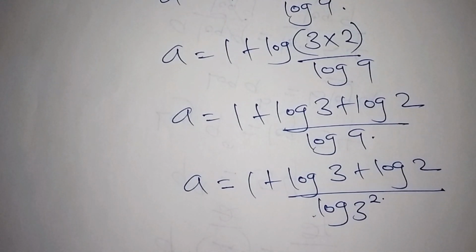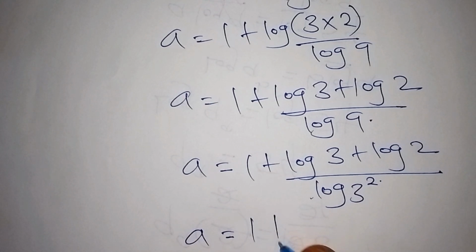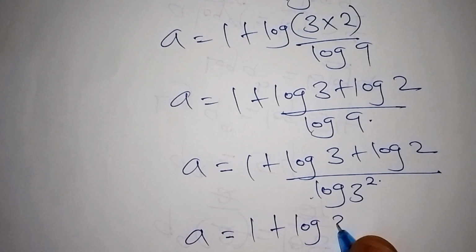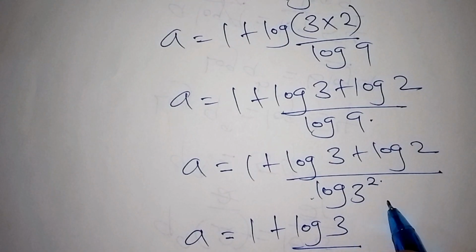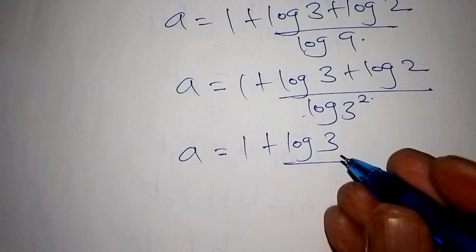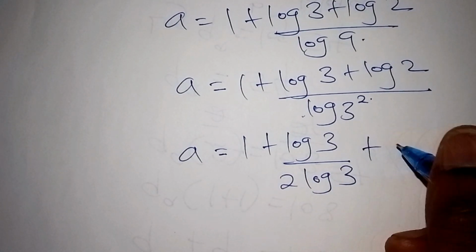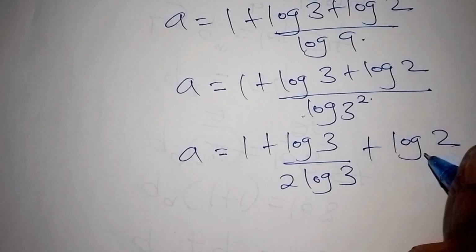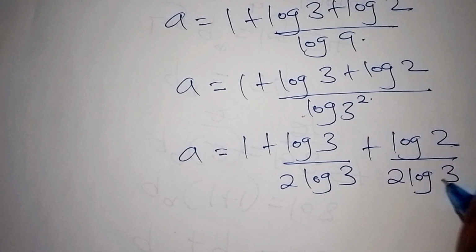Let's now split it: a is equal to 1 plus the log of 3 all over the log of 3 to the power of 2, which is written as 2 log 3, so all over 2 log 3, plus the log of 2 all over 2 log 3.